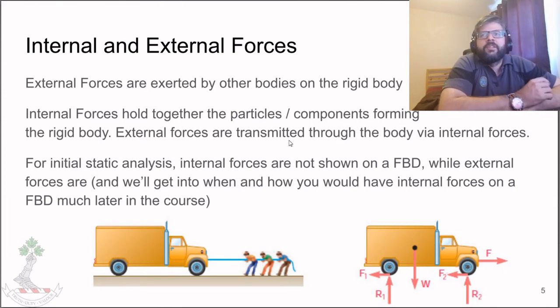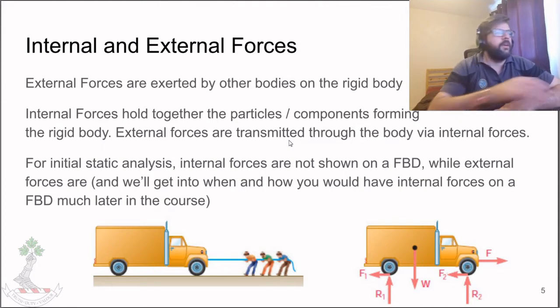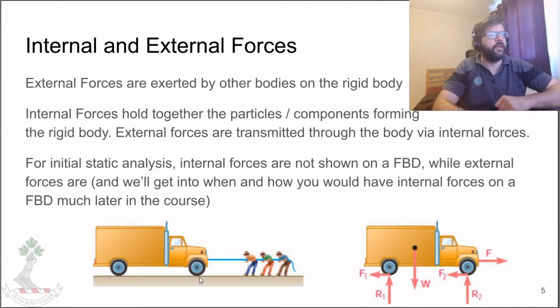So external forces are forces exerted by other bodies on the rigid body. We're talking stuff like these fellas here pulling on this rope, trying to pull this truck. You've got friction from the wheels. You've got a normal force here that is coming from the roadway.